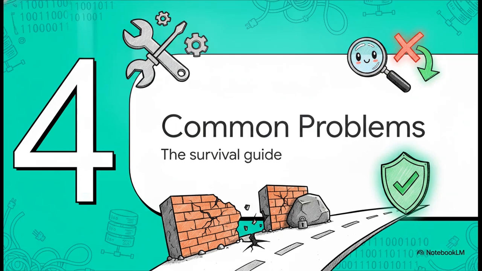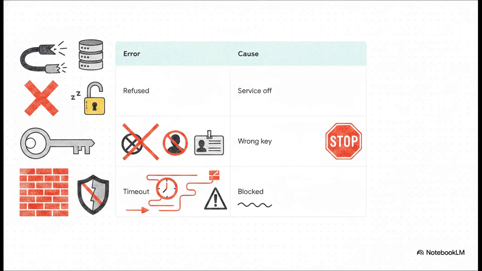Which brings us to Section 4, Troubleshooting Common Problems, the Survival Guide. Now, in the real world of systems administration, things don't always go smoothly on the very first try. You will hit errors. It's just a fact of life. So let's anticipate some roadblocks and figure out how to fix them quickly. There are 3 big errors you will likely encounter.